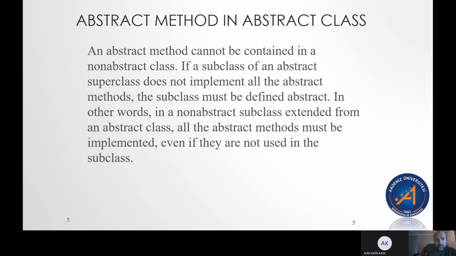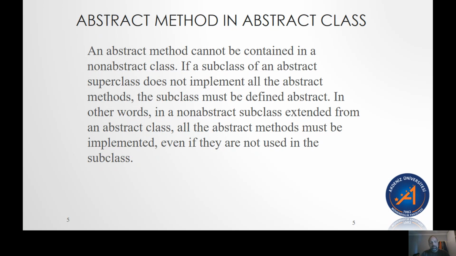And if a subclass of an abstract superclass, so if the circle class does not implement an abstract method, we'll get a compiler error. Or the subclass also must be defined as abstract. So any concrete class must have all concrete methods and must implement any abstract methods of its parent.